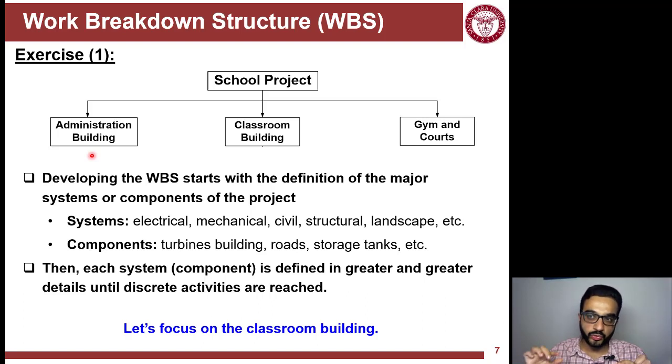Whenever you switch from a component or system, like an electrical system, that's not a verb, it's a noun. Whenever you move from nouns to verbs in defining your packages, then these verb packages are actually activities, and this is a level that would be sufficient to stop at.